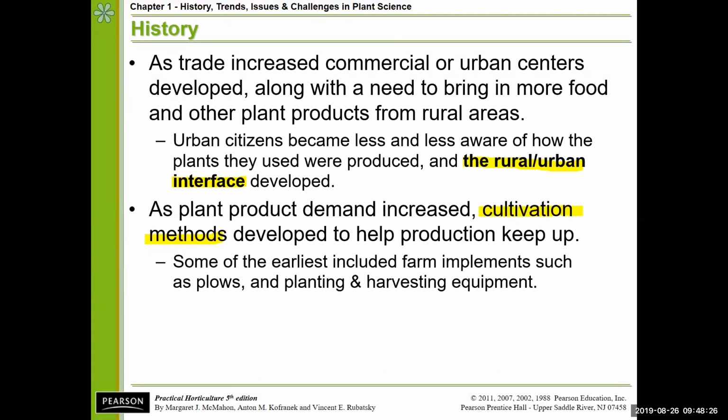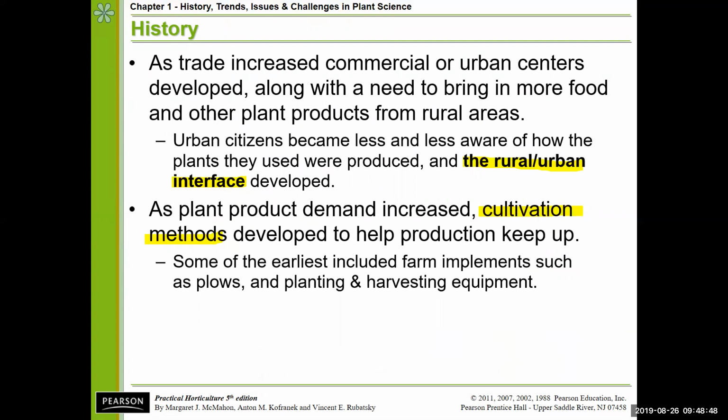And as civilization developed, we have this divide today, where our urban citizens, the people living in the more populated areas and city centers, are becoming less and less aware of how the crops are produced and used.